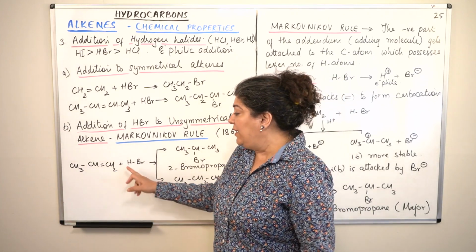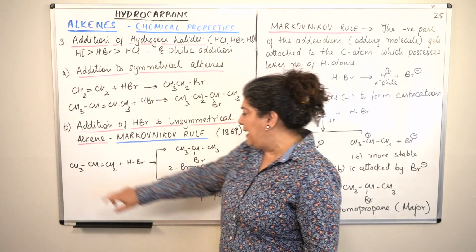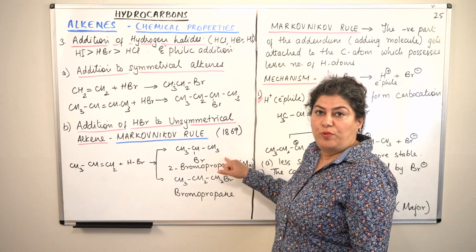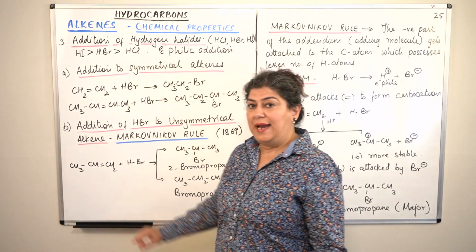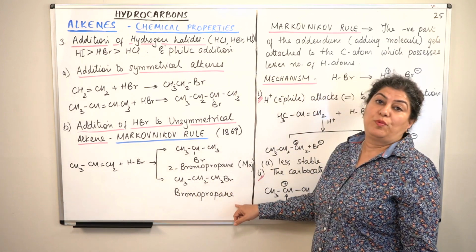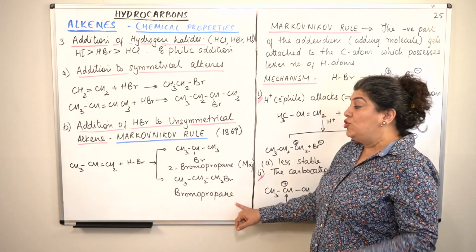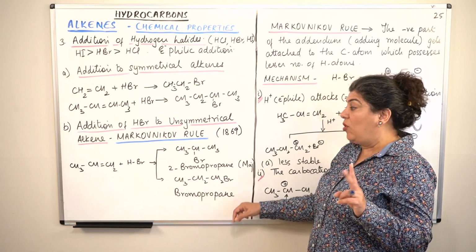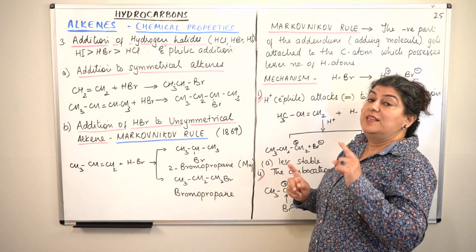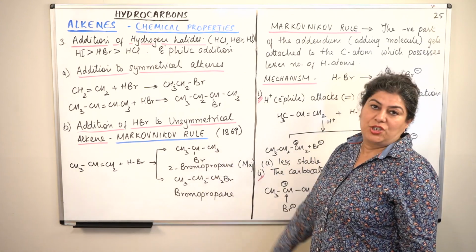If the hydrogen adds to this carbon and bromine adds to this one, you will get 2-bromopropane. But if the hydrogen adds here and the bromine adds here, you will get 1-bromopropane. So you will get two different products depending on which carbon the bromine goes and attaches itself to.